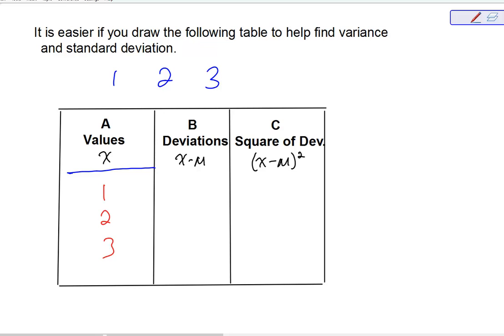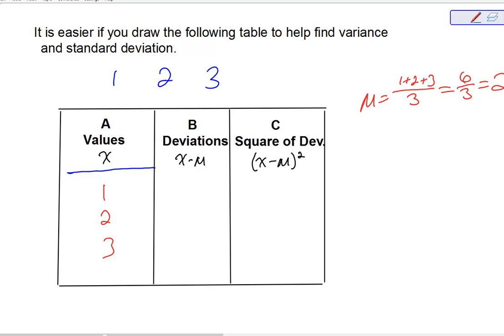So our first step was to find our mean. So our mean is going to be 1 plus 2 plus 3, and I have a total of 3 numbers, so I'm going to divide by 3. So that's going to be 6 divided by 3, which is 2.